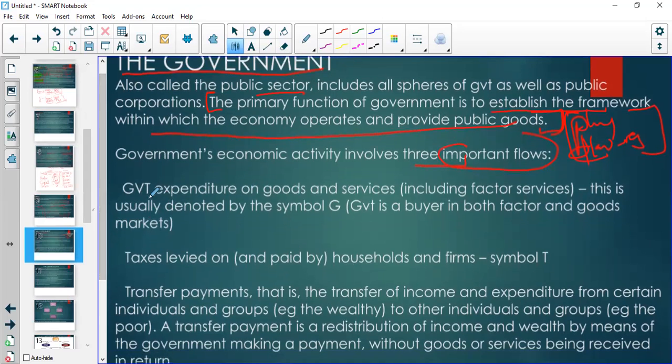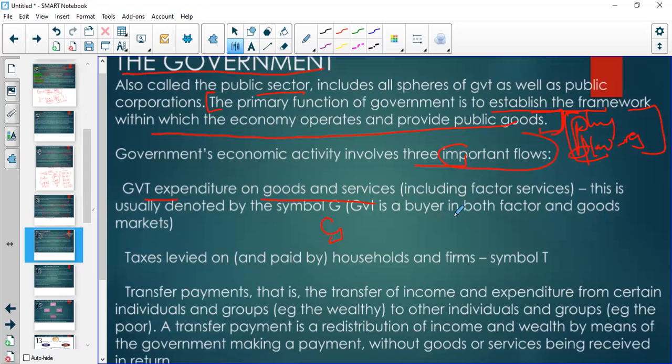So there is government expenditure on goods and services, which is denoted by the symbol G. That is to say, when they pay salaries for workers in government, or when government wants to construct a big project, then they're going to buy a lot of things.